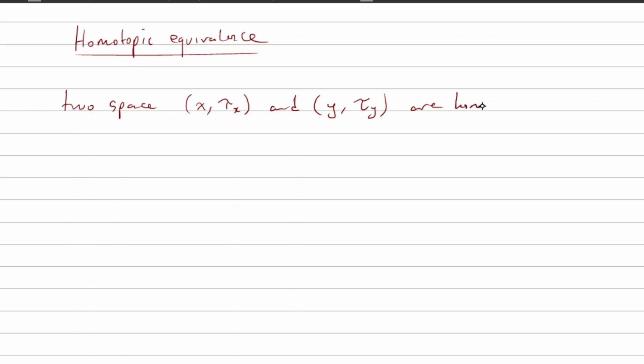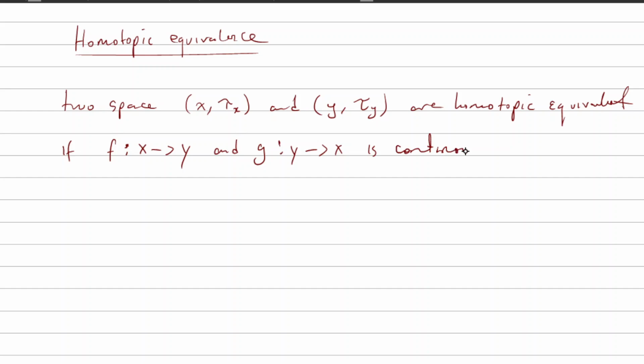They are homotopic equivalent if the mapping f from x to y and g from y to x, where g is the inverse of f, are continuous.